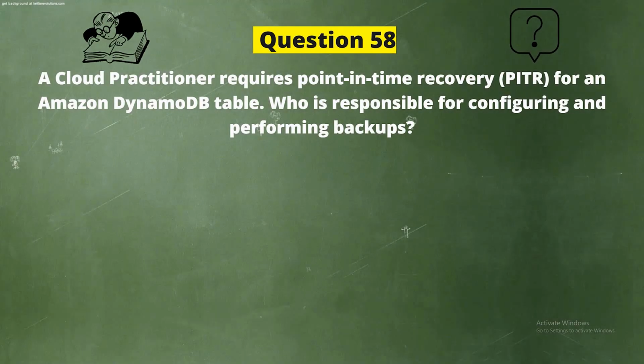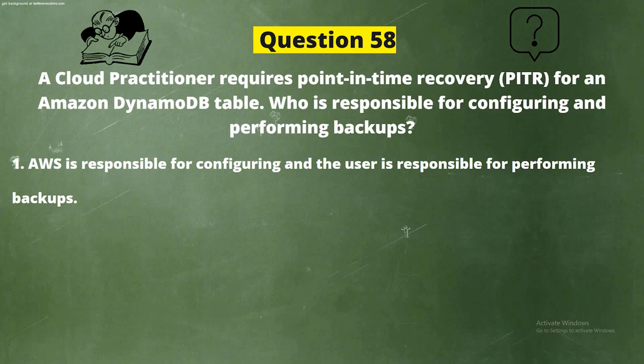Next question. A cloud practitioner requires point-in-time recovery, PITR, for an Amazon DynamoDB table. Who is responsible for configuring and performing backups? And the options are: option 1. AWS is responsible for configuring and the user is responsible for performing backups. Option 2.